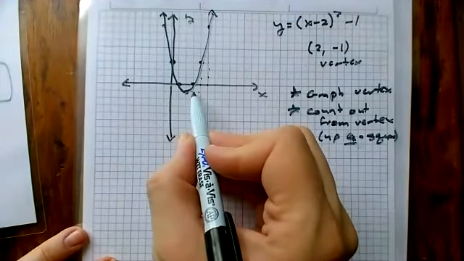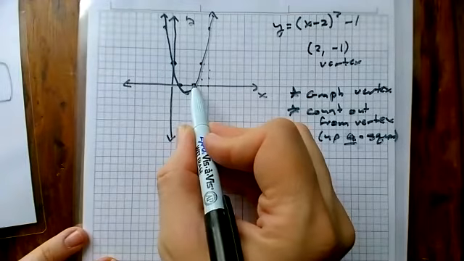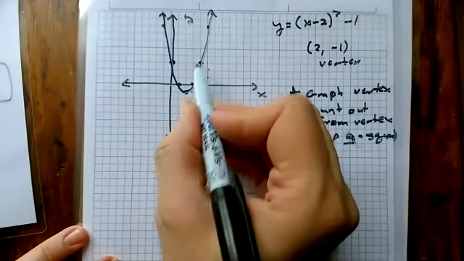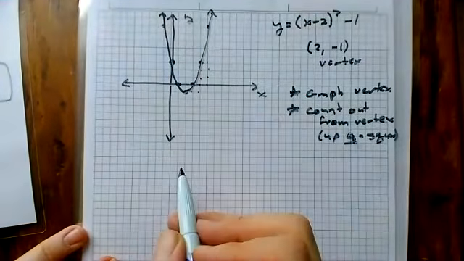So 1 times 1 squared is just 1. 1 times 2 squared is 4. 1 times 3 squared is 9.